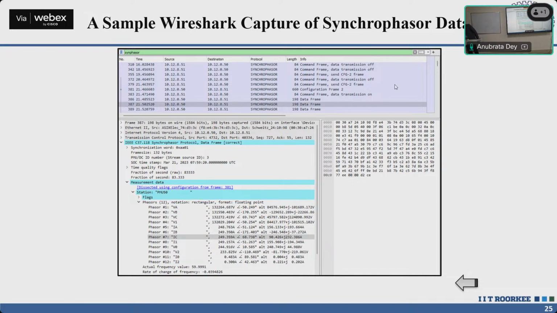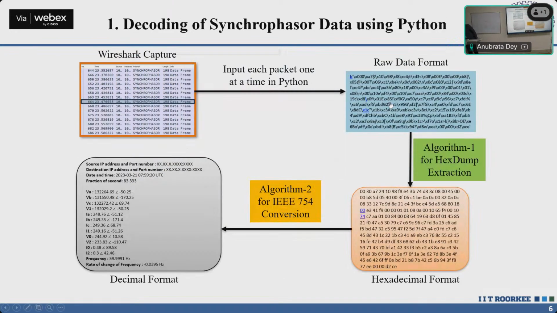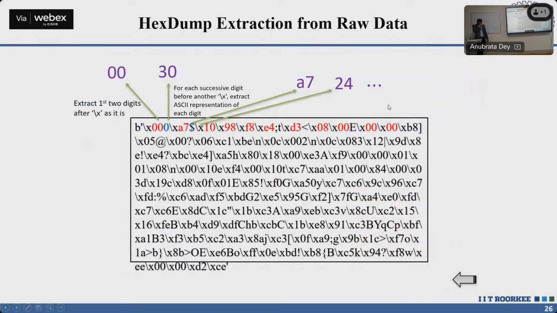If you look at the raw data here, it looks like this. Now in the raw data, how can you identify? You can see the symbol \x here and \x here, everywhere throughout the data.